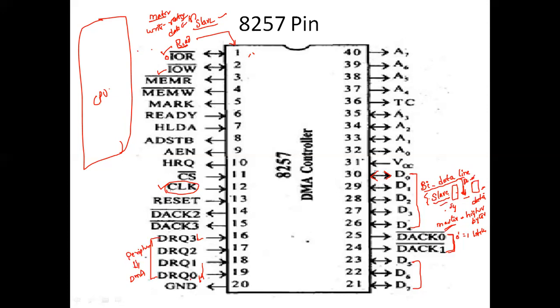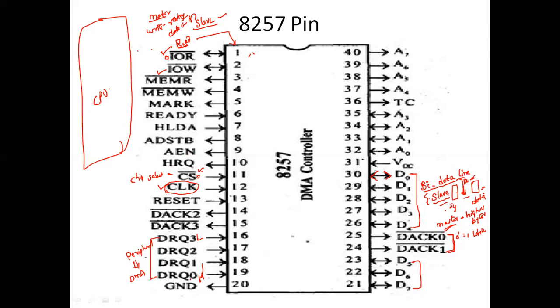And next one is CS. CS stands for chip select. It is active low. If it is 0, then this pin is activated. In slave mode, it enables the read-write operations to or from the 8257. And in master mode, it automatically disables the read-write operations from the 8257.